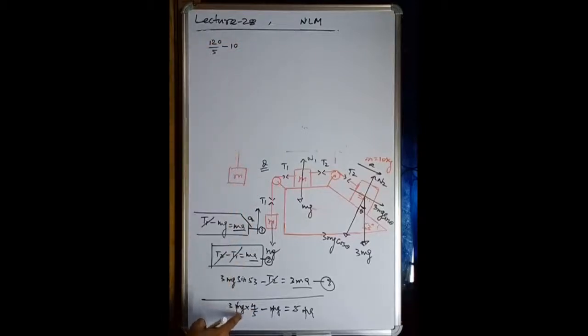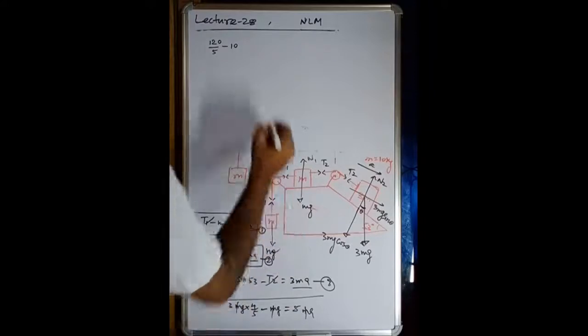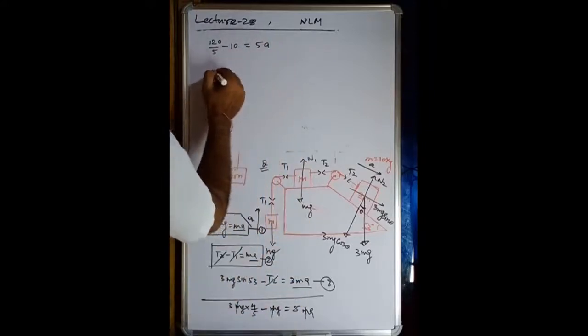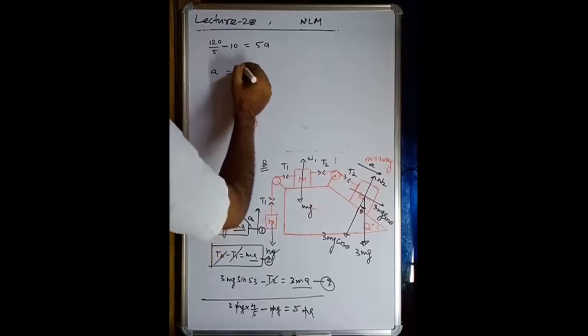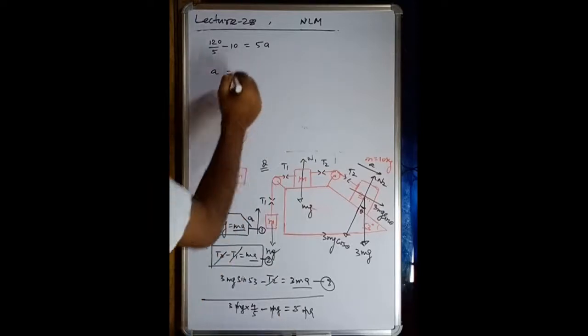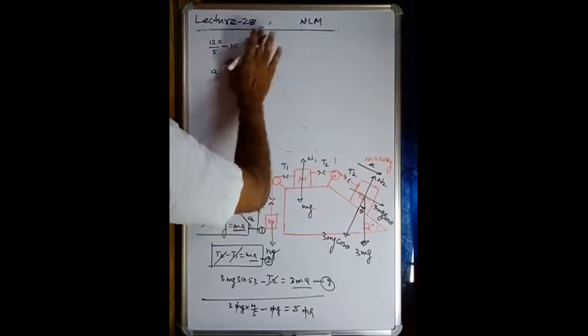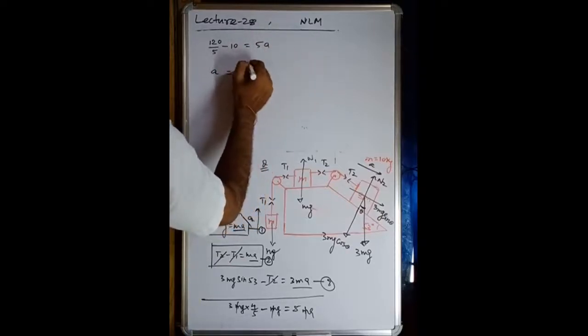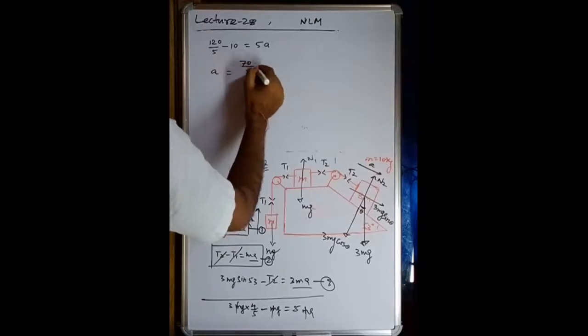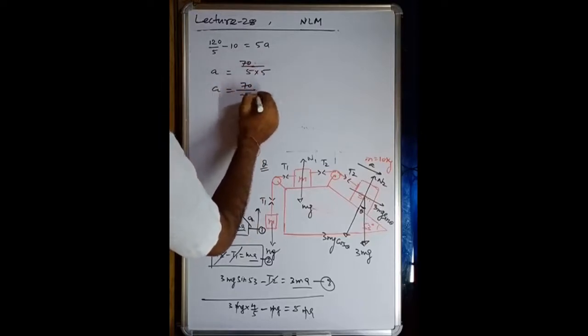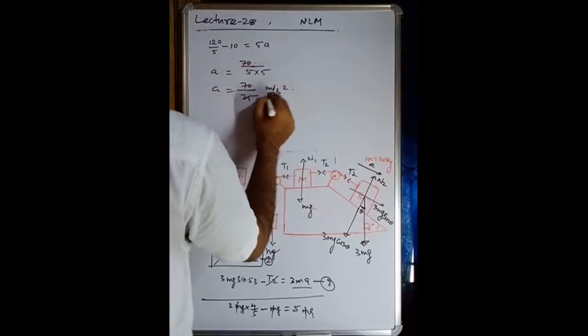Yes, the 10 I am missing is equals to 5 times a. So the a will be how much? It is 50 and it is 120. Directly we can write 70 by 5 times 5. It is a is equals to 70 by 25 meter per second square.